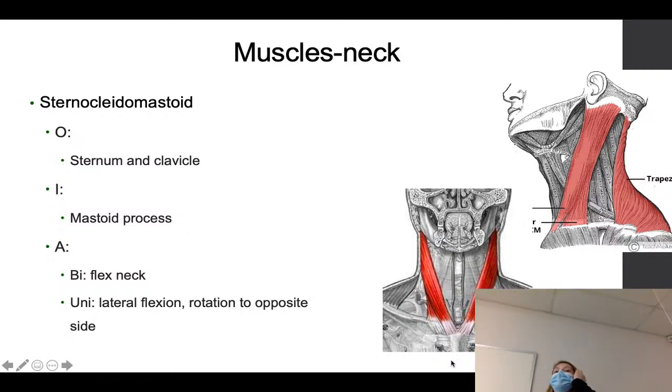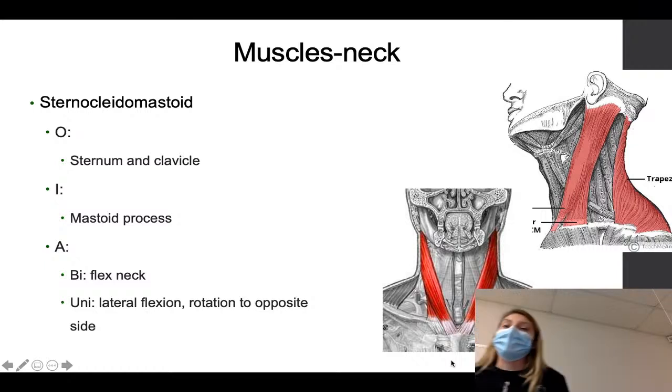So our muscles. We're going to start with one of my favorites, the sternocleidomastoid. The sternocleidomastoid, its name makes up the three bones that it touches. So the origin of the sternocleidomastoid is going to be our sternum and our clavicle. We know our sternum is our breastbone down the center. Our clavicles are our collarbones.